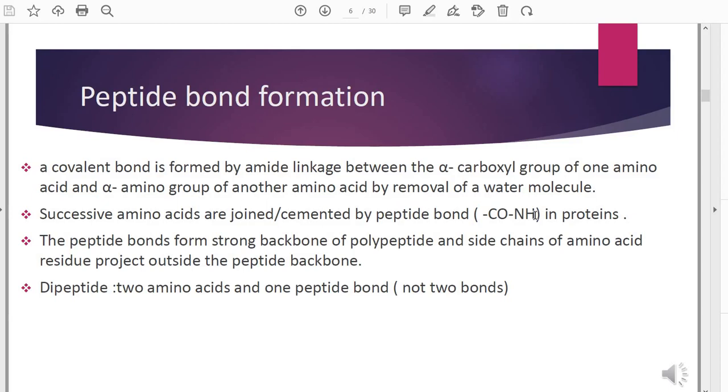Tripeptide means three amino acids connected by two peptide bonds, and so on. Okay, so dipeptide means two amino acids and only one peptide bond. Tripeptide means three amino acids and two peptide bonds, and so on.